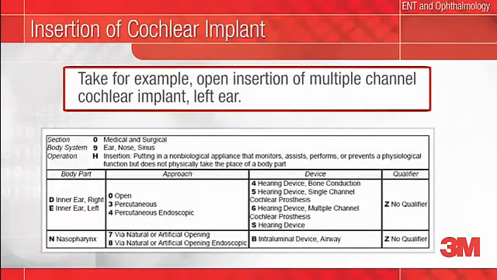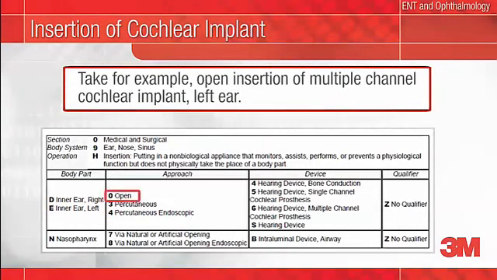Let's look at a couple more procedures and see how they are coded in ICD-10. Take, for example, insertion of cochlear implant of the left ear. Here you see the table the coder will use to construct the code for this procedure. The first 3 digits of the code come from here, indicating an insertion procedure on the ear, nose, and sinus. The next digit of the code captures the specific body part, in this case, left inner ear.